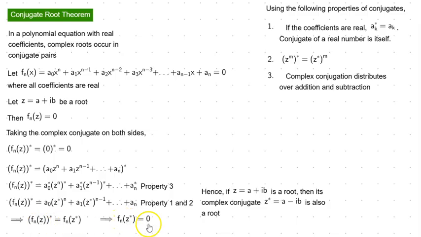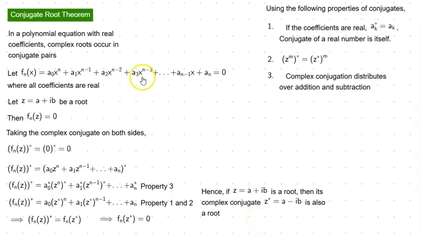Hence, because we are able to reach this statement, that means the conjugate of z is also a root. Hence, if z equal to a plus ib is a root, then its complex conjugate, that is a minus ib, is also a root.